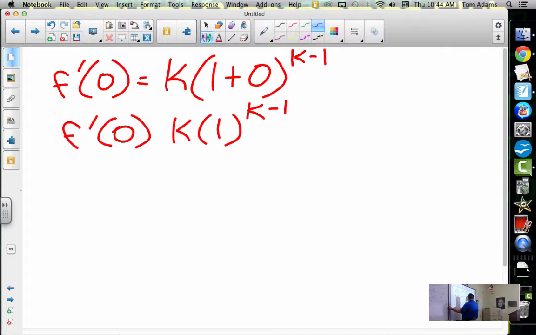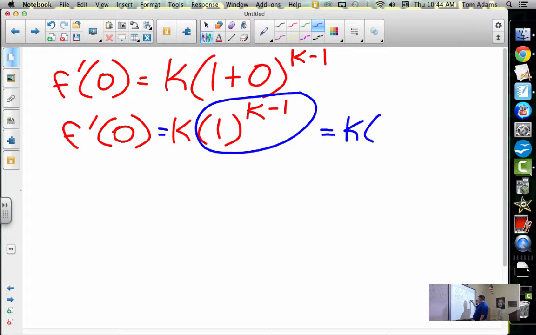Well, what's this always going to be? 1, right? No matter what value, we're just saying k minus 1. So this is always going to be k times 1, which is really just k.